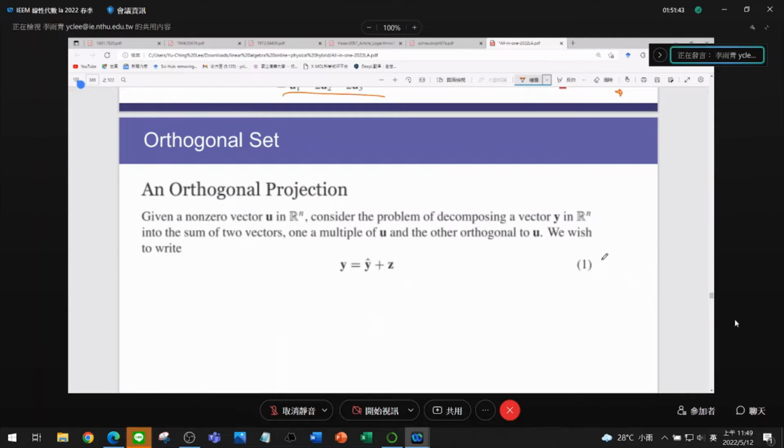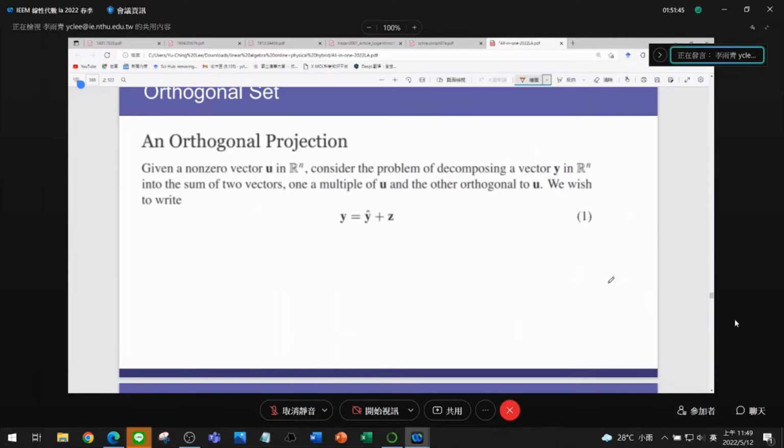And next, we're introducing the orthogonal projection. As mentioned in the Tuesday's presentation, orthogonal projection is critical to this section. 这是这个章节相当重要的概念。So we are given a non-zero vector u in the Rn space.